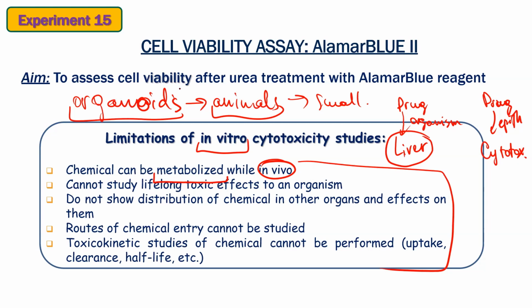is really dependent on the metabolism of this particular chemical. Of course, we cannot study the lifelong toxic effects on these cell cultures. Why? I do think that you have heard about one diabetes drug that was given in the 50s of the 20th century.